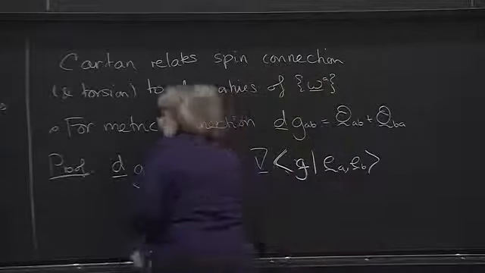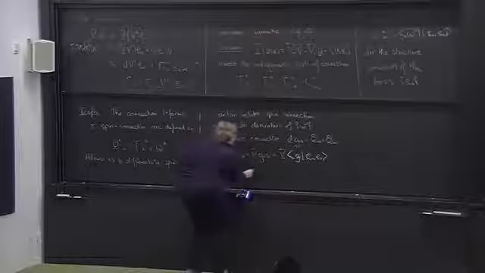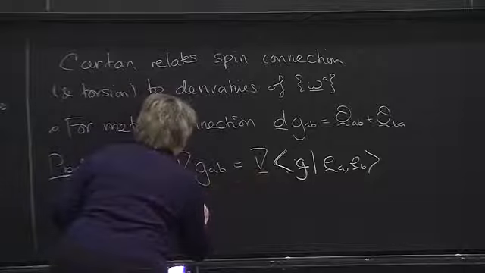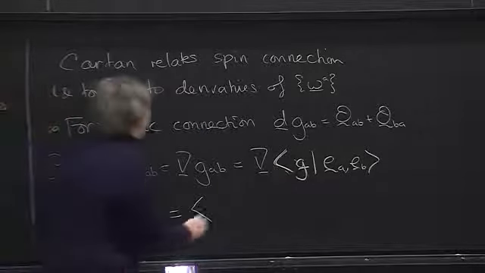The components g_AB, well, g is a symmetric rank 2 covariant tensor. That means it's a bilinear map from the tangent space times the tangent space into the reals. So I simply take two elements of my basis vectors and contract with g to get the components. I now use the fact that this is a metric connection to say that grad g is 0, and I'm using the Leibniz property here.